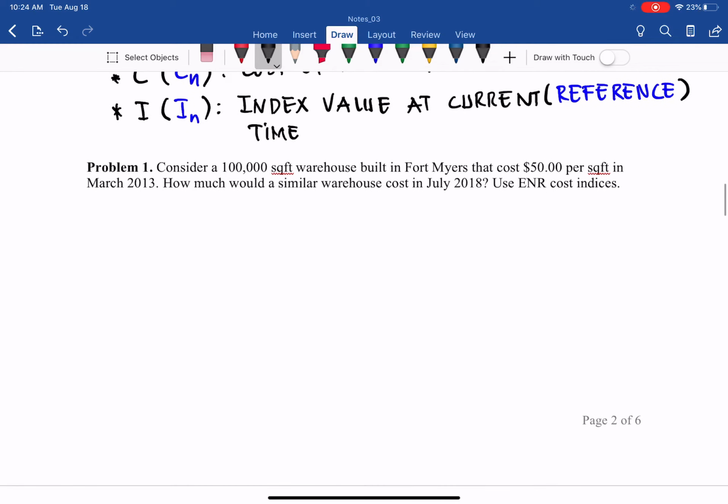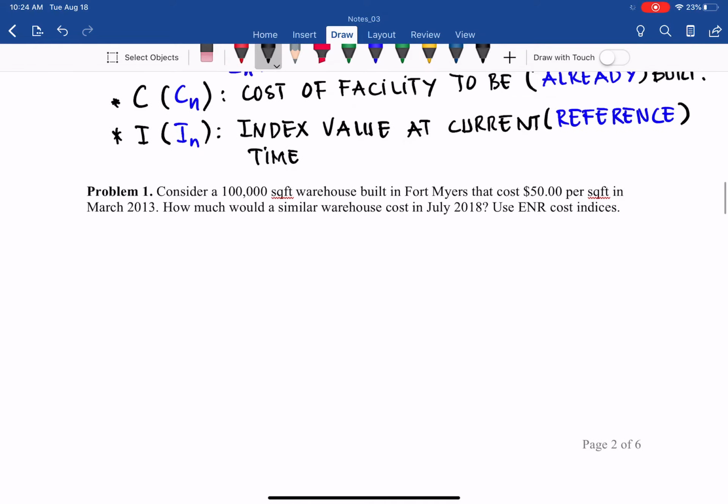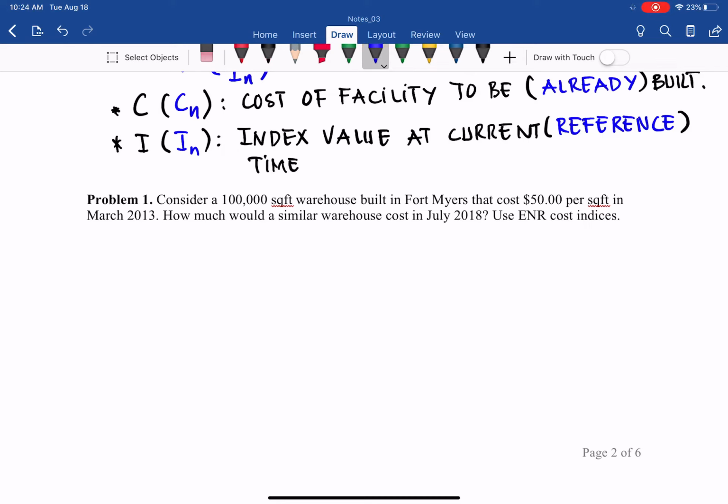So here, let's apply that in this problem. To find out the project cost of the new facility, we need to know what is the reference facility. So first, the cost of the reference facility of the warehouse.